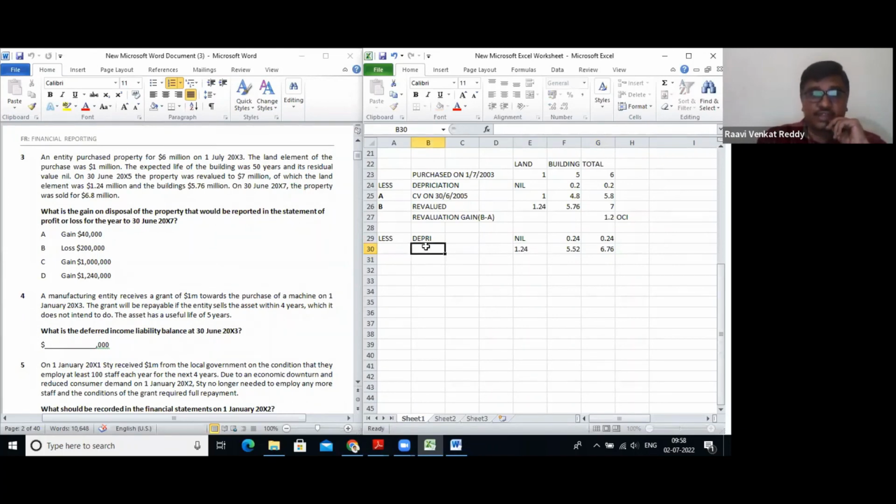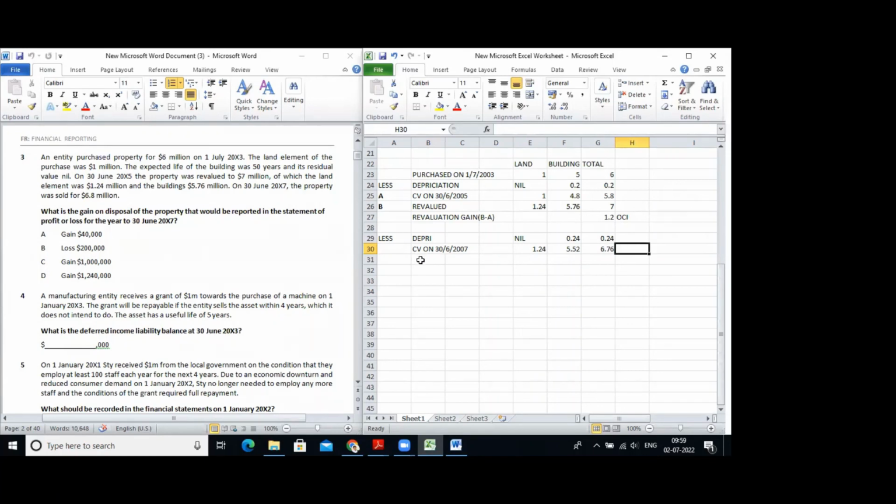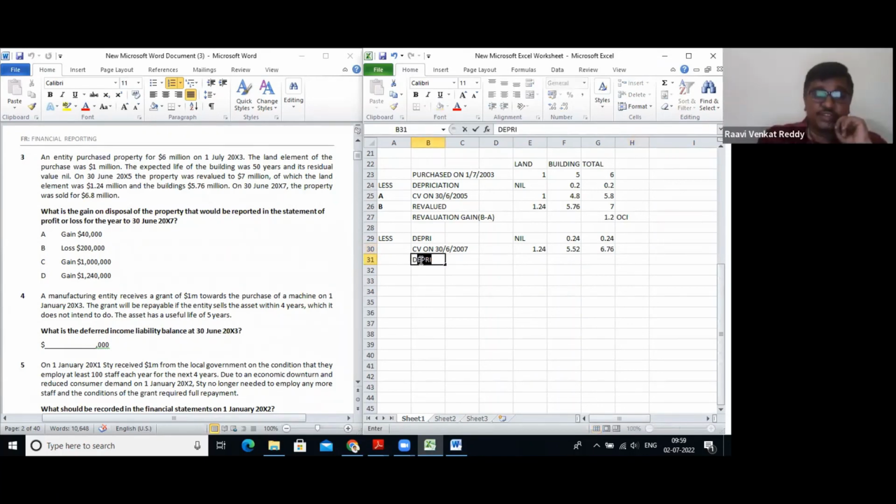So the carrying value on 30th June 2007. Is that clear up to here? Now finally our sale proceeds, nothing but disposal. We disposed it for 6.8.